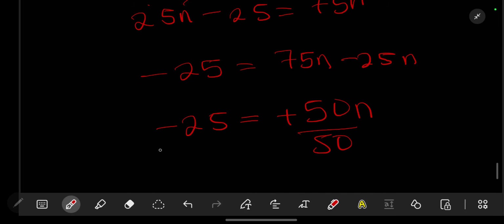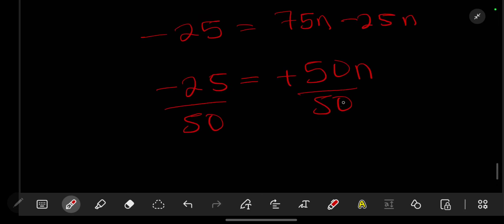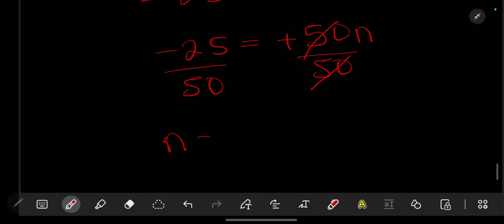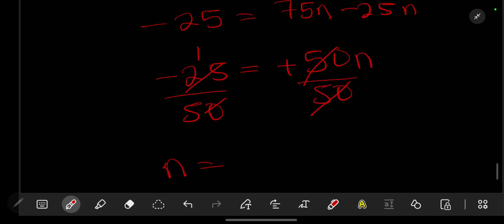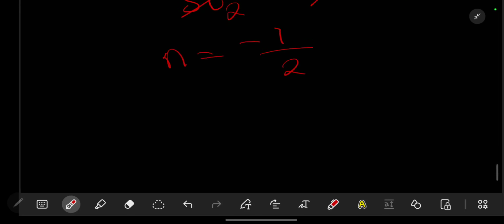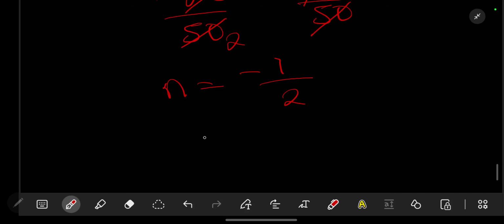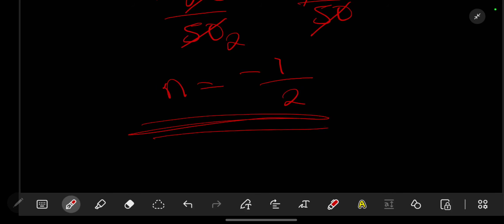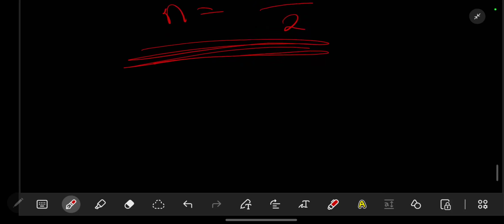We divide by 50, we divide by 50. So this gives us our n value is equal to, so 25 can enter into 25 one time, 25 can enter into 50 two times, so we have -1 over our 2 like that. Our n is equal to -1 over 2.